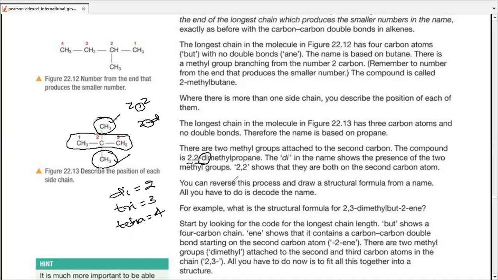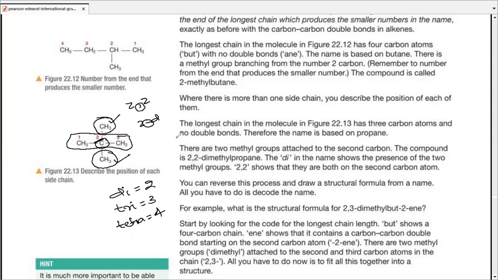The 2,2 represents that both the branches are on the same carbon atom, as both of them are at the second carbon atom. Dimethyl, because both the branches have one carbon atom. Prop means the parent chain has three carbon atoms, and ane means the parent chain is singly bonded. So every part of this name represents something. Let me explain again.